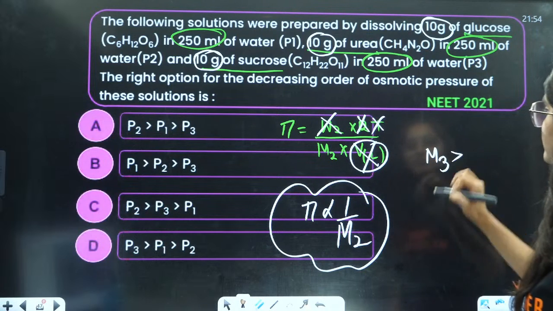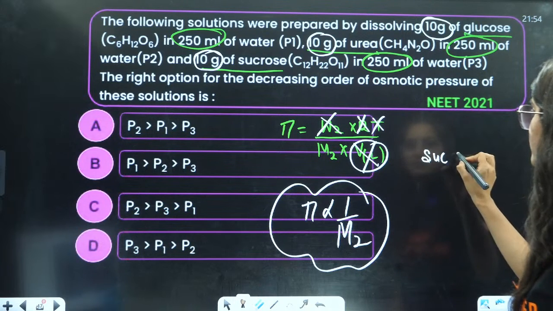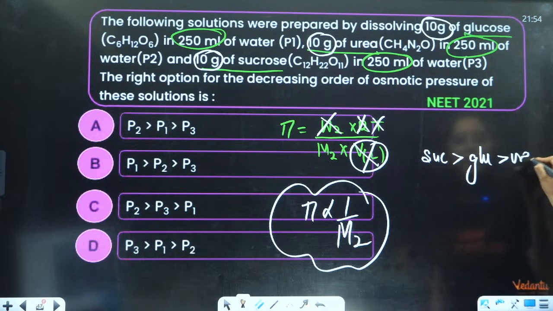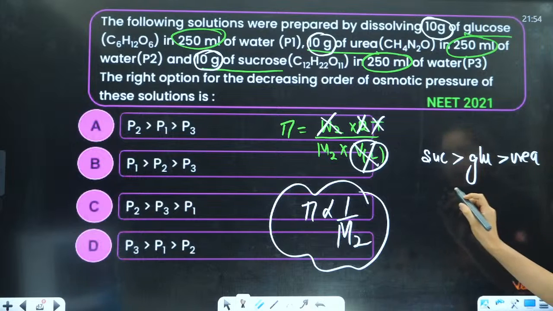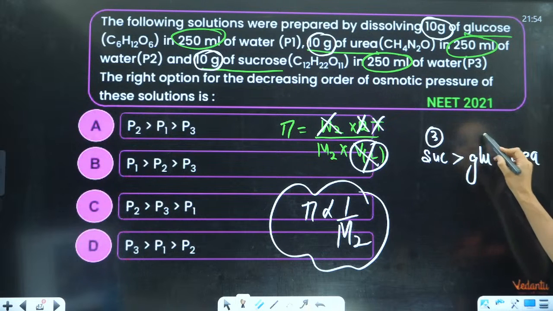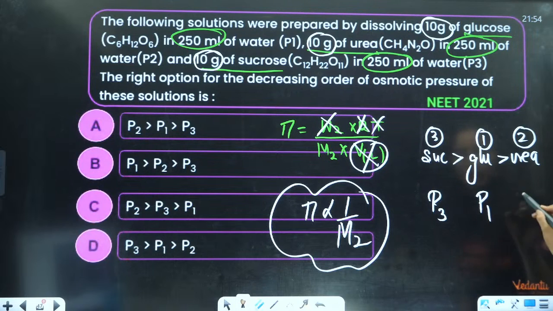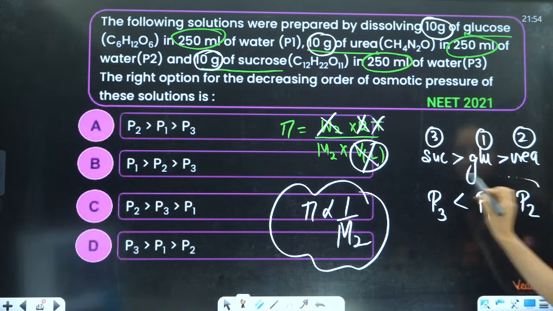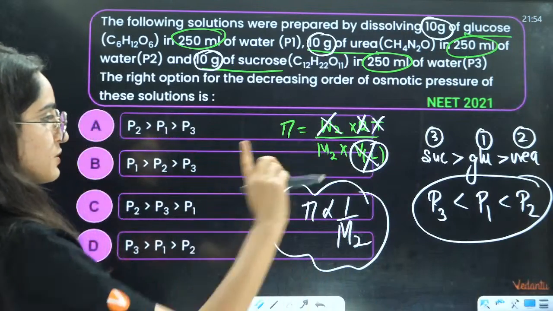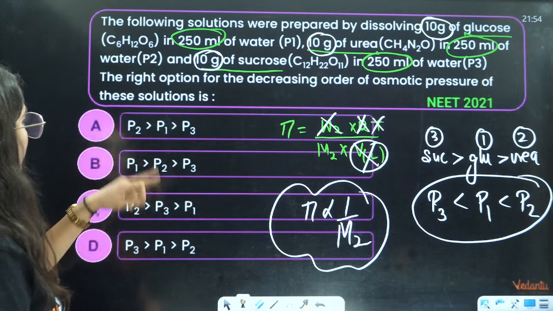Sucrose has more mass, then you have glucose, then you have urea. Sucrose is 3, glucose is 1 and urea is 2. So the pressure will be opposite: the mass order is 3, 1, 2, so in decreasing order of pressure it is 2, 1, 3.